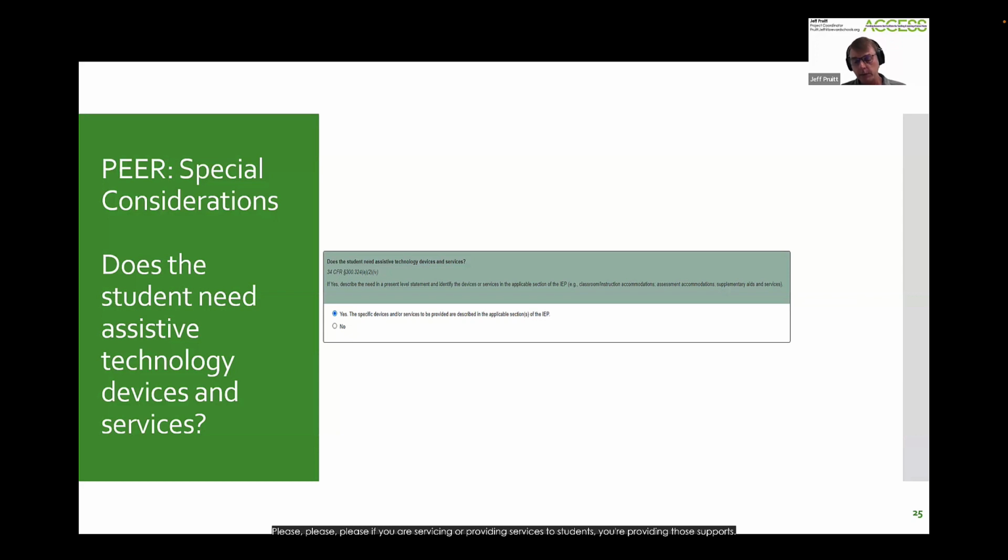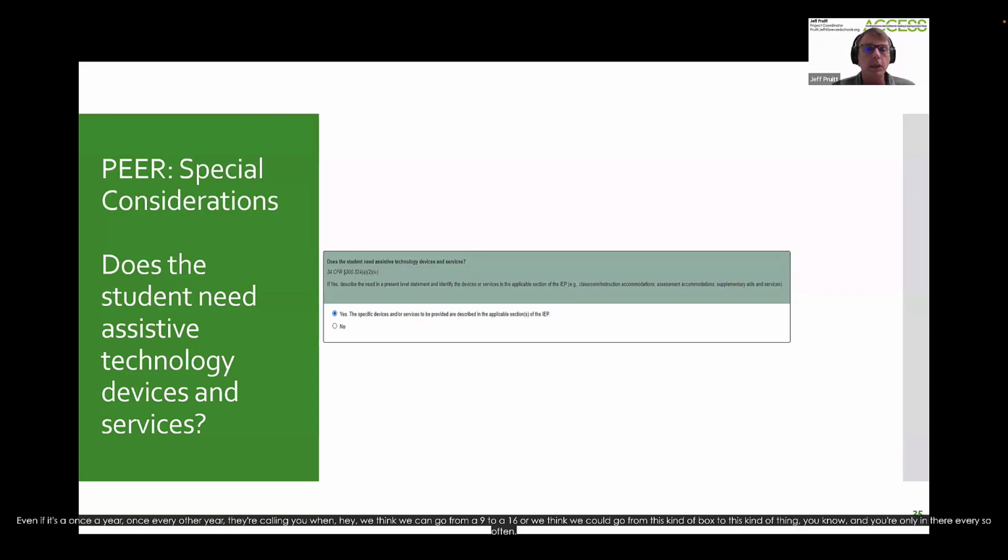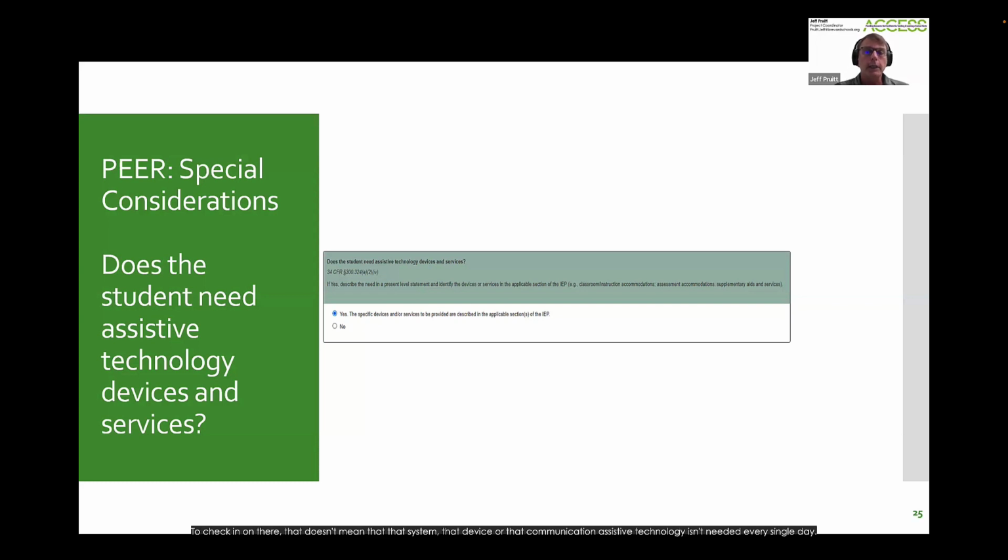Please, please, please, if you are providing those supports, even if it's once a year or once every other year, they're calling you in, hey, we think we can go from a 9 to a 16, or from this kind of box to this kind of thing, and you're only in there every so often to check in. That doesn't mean that system, that device, or that communication assistive technology isn't needed every single day. So this one must be a yes.